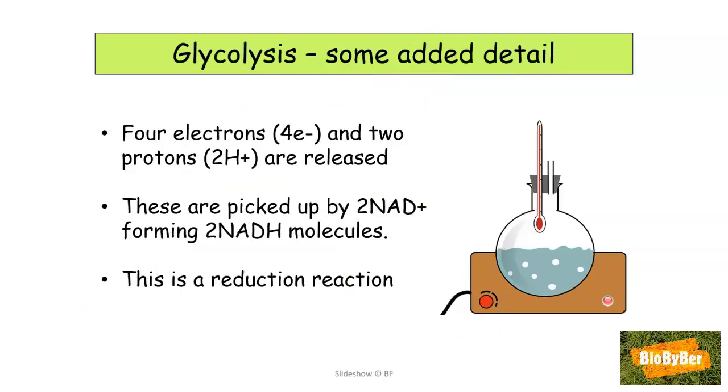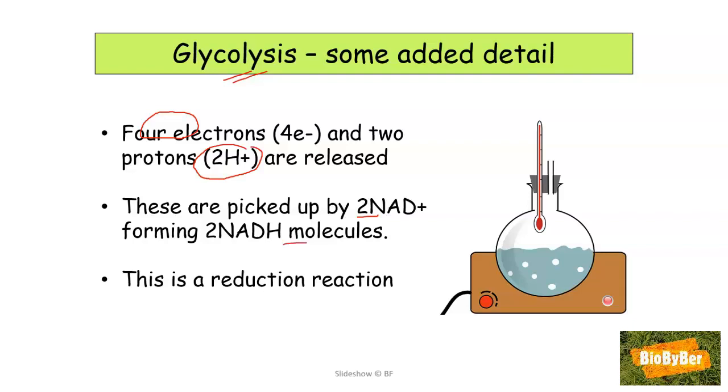Well, in actual fact, during glycolysis, or the breakdown of glucose, 4 high energy electrons are actually released and 2 protons. So these have to be picked up by 2 NAD pluses, forming 2 NADH molecules.